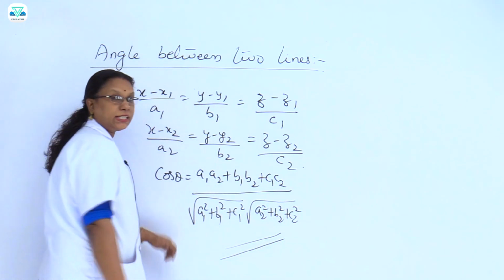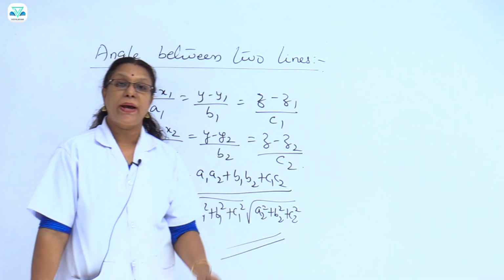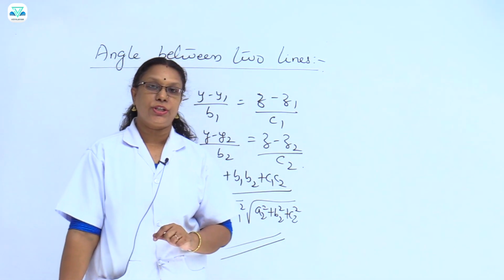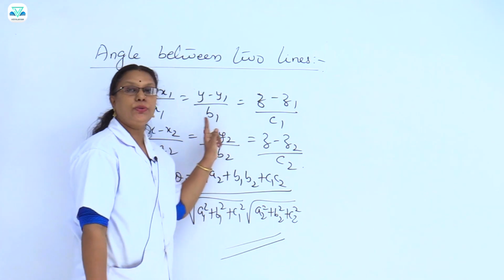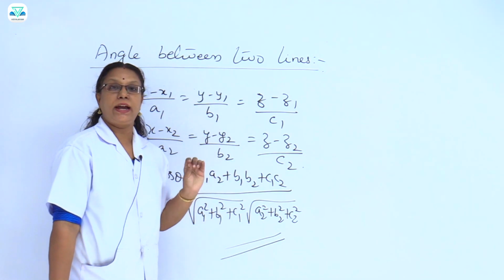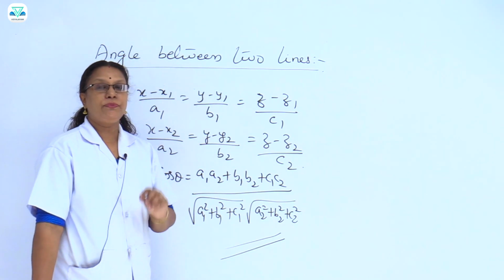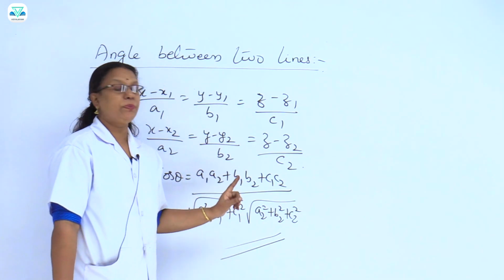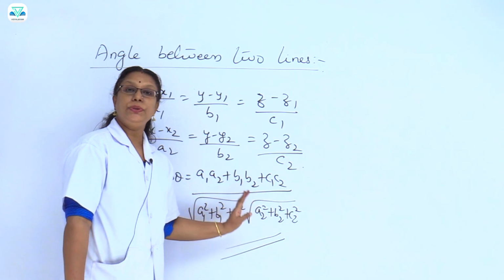So, in both cases identify the parallel vectors and their direction ratios. Then cos theta is equal to b1 dot b2 by modulus b1 into modulus b2, and we will get the angle between the two lines. If they are perpendicular, A1 A2 plus B1 B2 plus C1 C2 equal to 0.